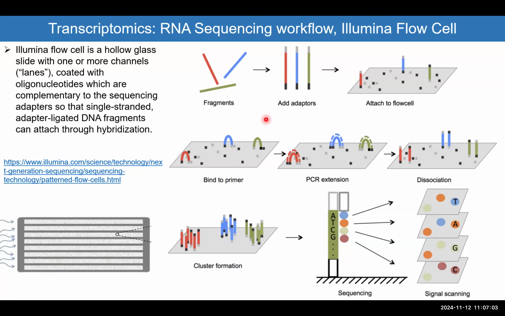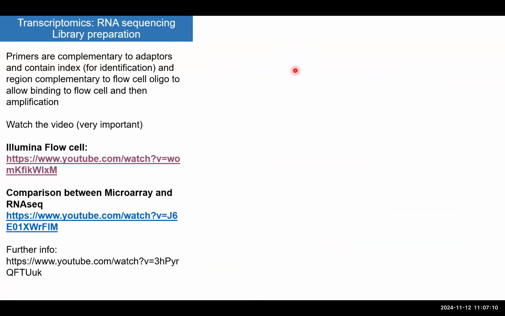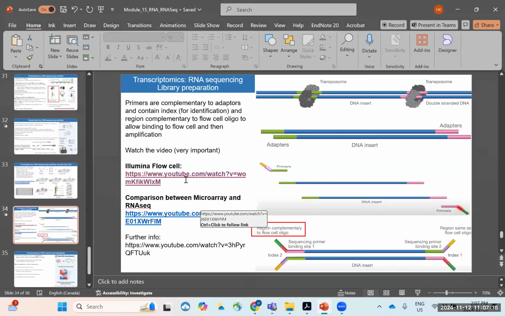Okay, so that's how it works. I know this is very complicated for you, and that's why I would like to escape from here, and let's watch this video together.